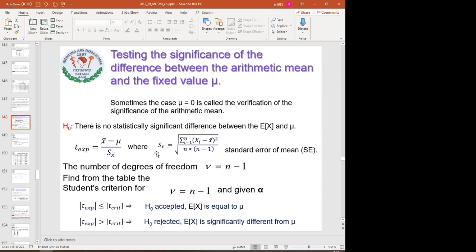So variant number one: comparing the sample mean with a fixed value. I remind you that formulating the null hypothesis, we say that we compare not just the mean value, but the mathematical expectation of the overall population with this mean value.